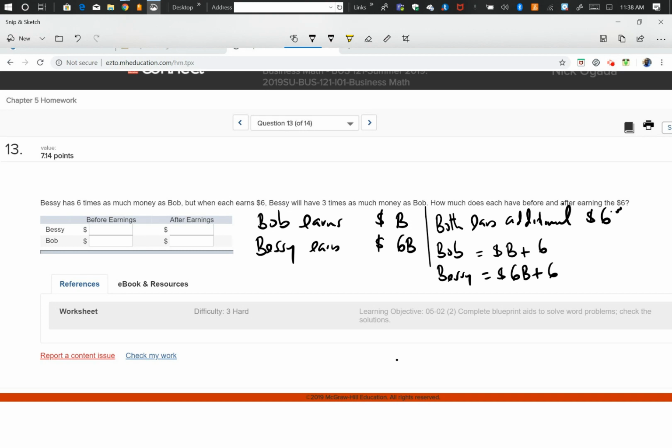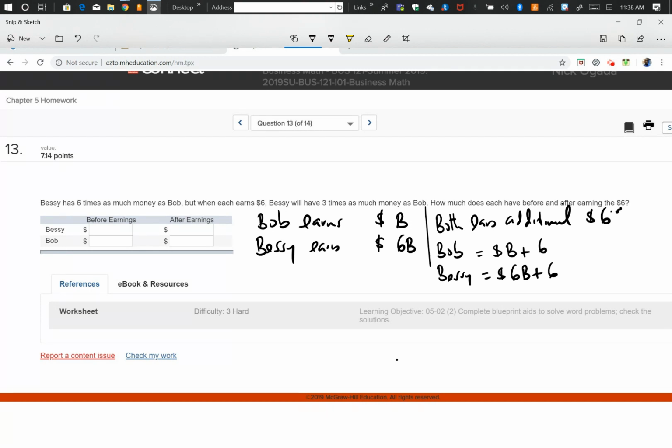But we've been told if that happens, then Bessie will have 3 times as much money as Bob. So 6B plus 6 represents 3 times as much money as Bob, and we know that Bob is earning B plus $6.